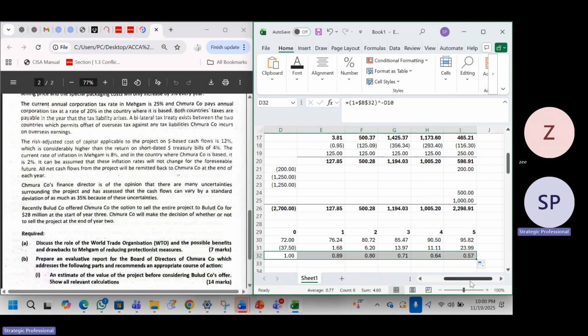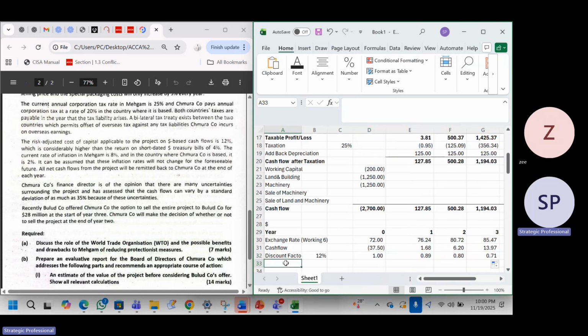I have this, and I multiply to get the present value. The net present value, NPV.